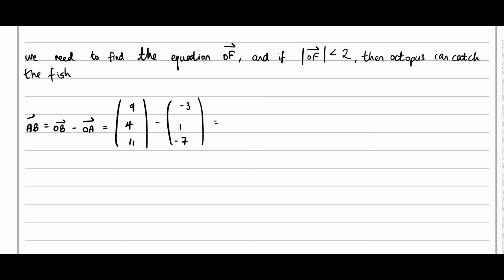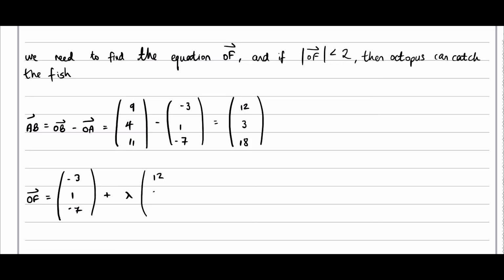We end up with 12, 3, 18. So therefore, OF will equal -3, 1, -7 plus some lots of 12, 3, 18, lambda. Okay, and of course lambda changes as you move across AB.